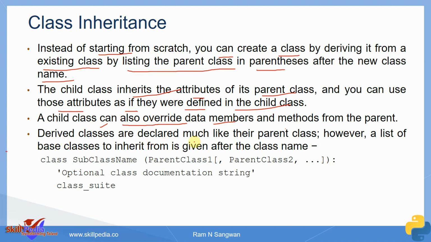Derived classes are declared much like their parent classes. However, a list of base classes to inherit from is given after the class name. So we are defining a subclass or child class, the class name, the parent class, and then we specify our own additional things also, and then we specify the code part.